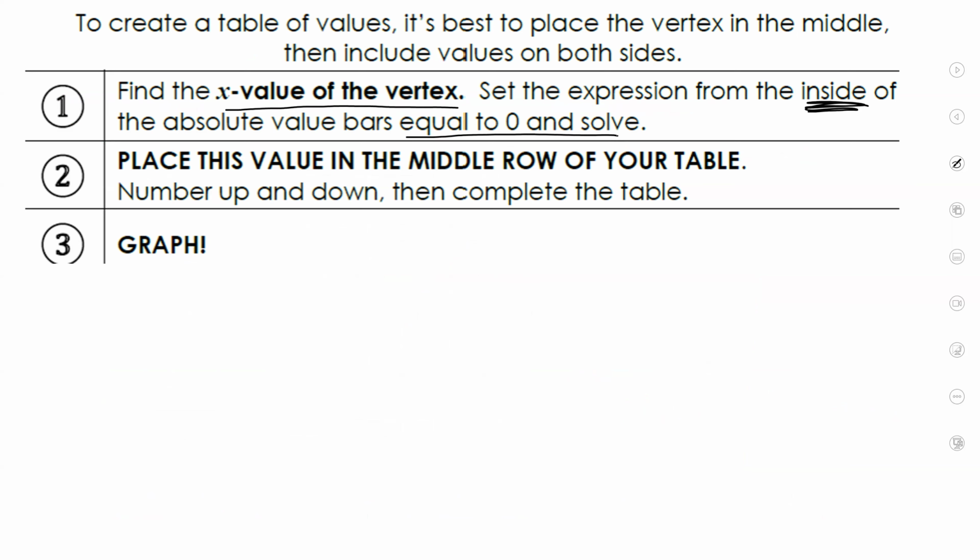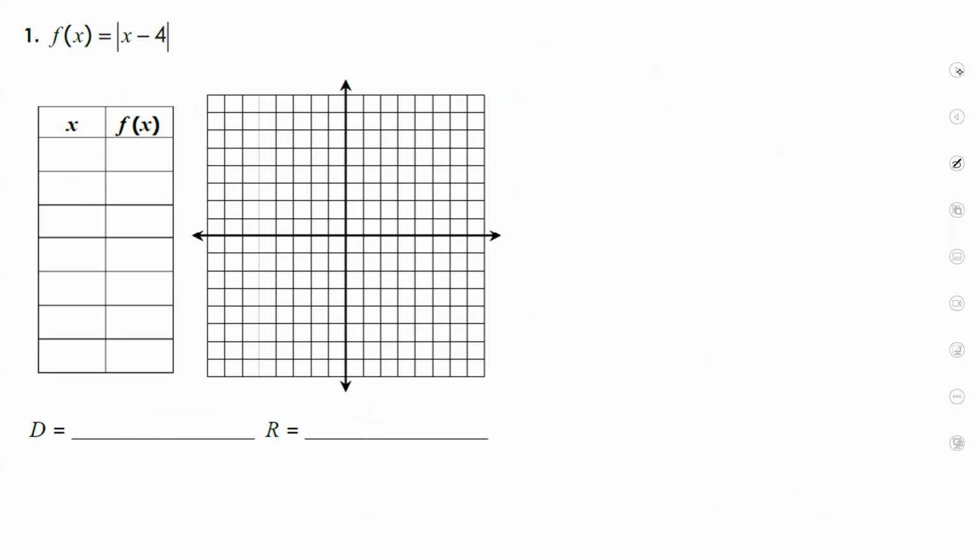Let's do step number 1. We're going to set the values that are inside the absolute value bars to 0. So inside of the absolute value bars is x minus 4. Set it equal to 0 and solve.